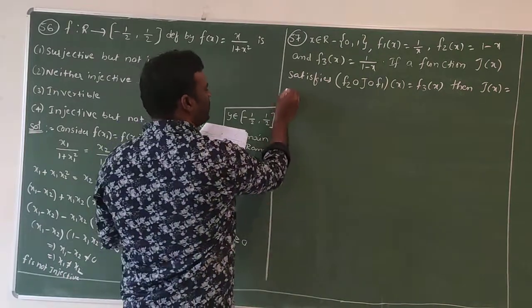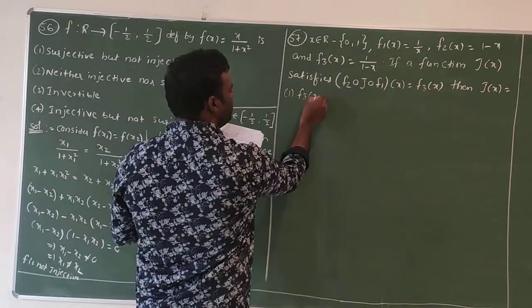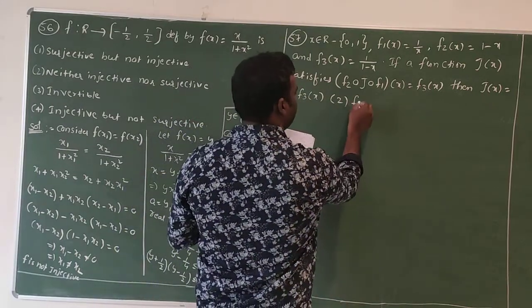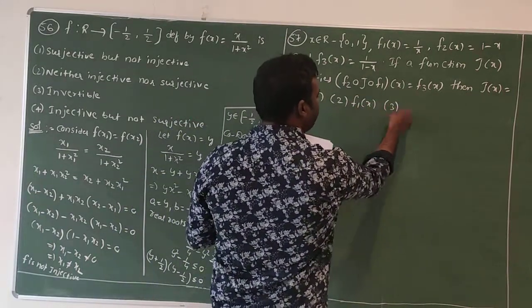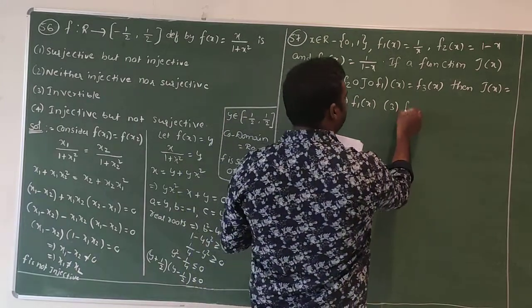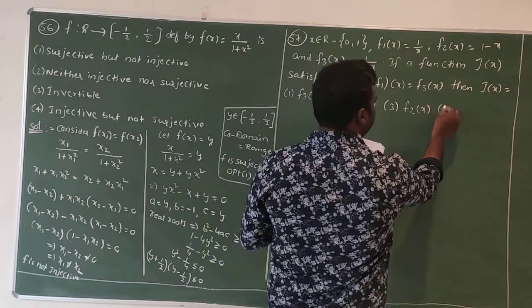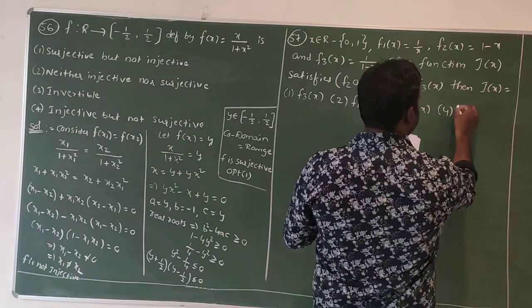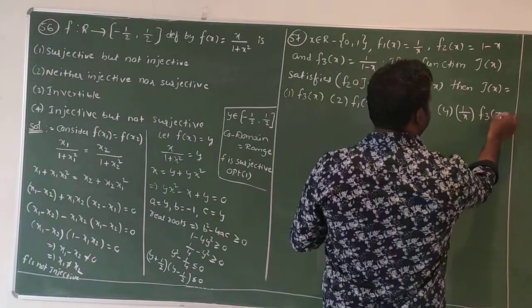Now here the first option is f3(x), second option f1(x), third option f2(x), and fourth option (1/x) times f3(x).